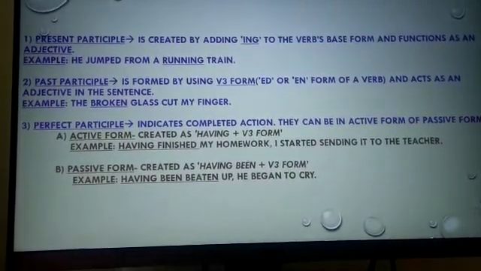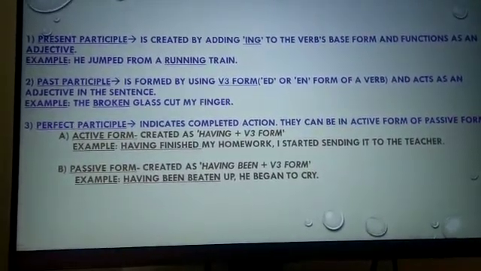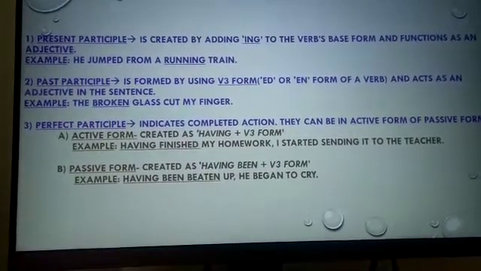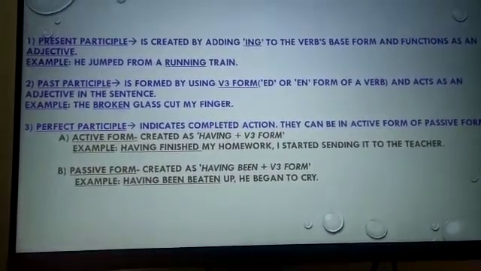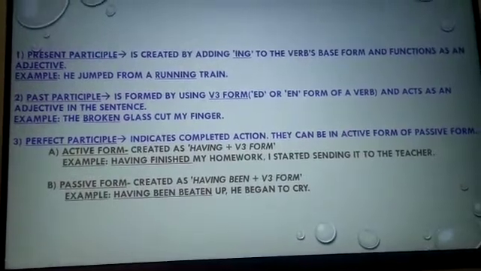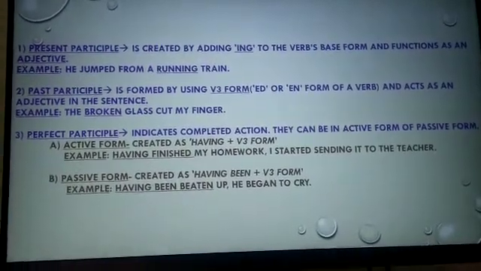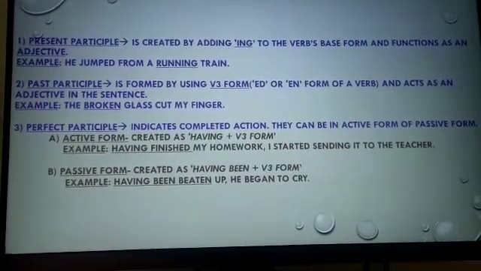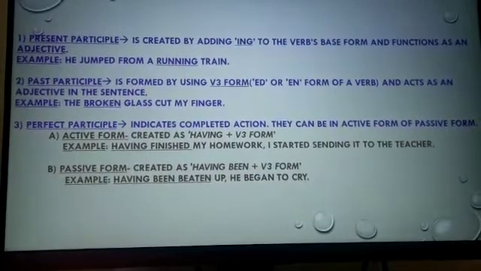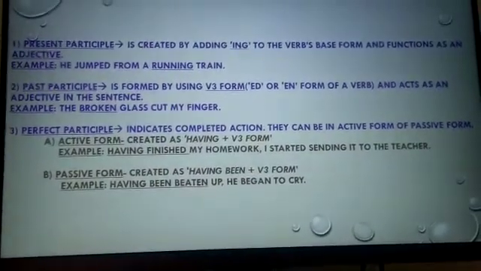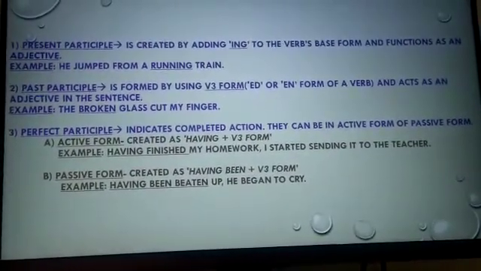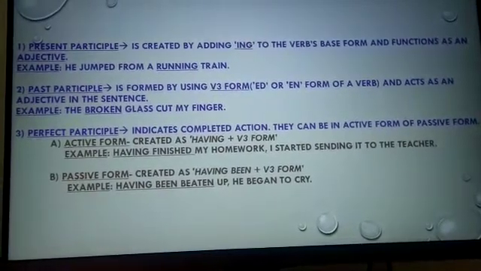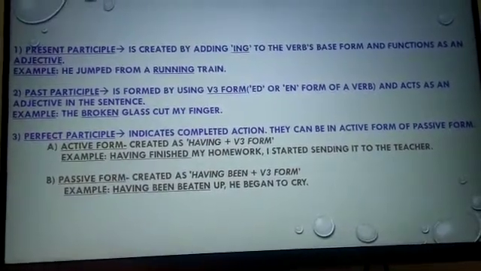It is describing the train, how the train was running. So here running is an adjective, and hence it is functioning as a present participle. It behaves as a present participle in the sentence. Now the second one: the past participle is formed by using the V3 form.